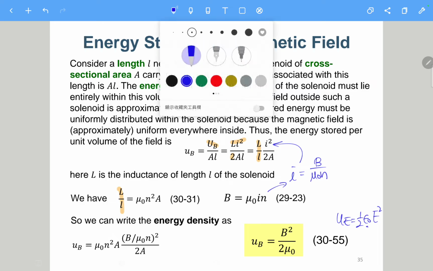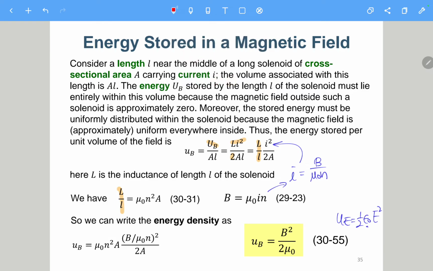Then we can see that we can cancel some of the terms. A and A can be cancelled, and n squared and n squared can be cancelled. Also we have mu 0, and then mu 0 squared in the denominator. So finally we have mu 0 here, we have 2 here, and then B squared in the numerator. So this is what we would like to have.